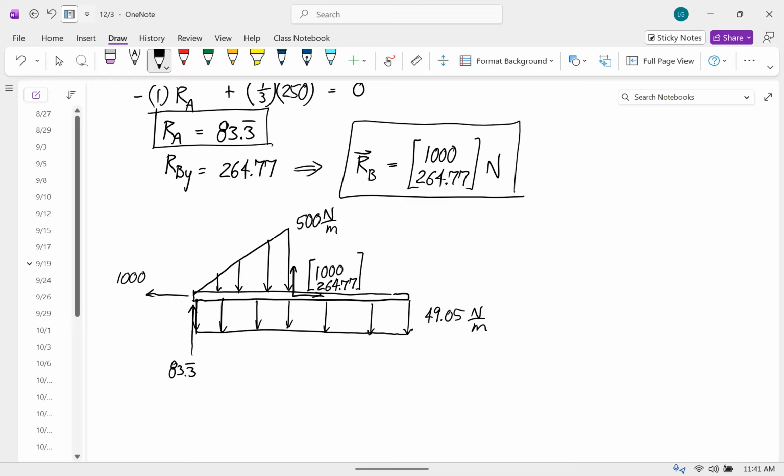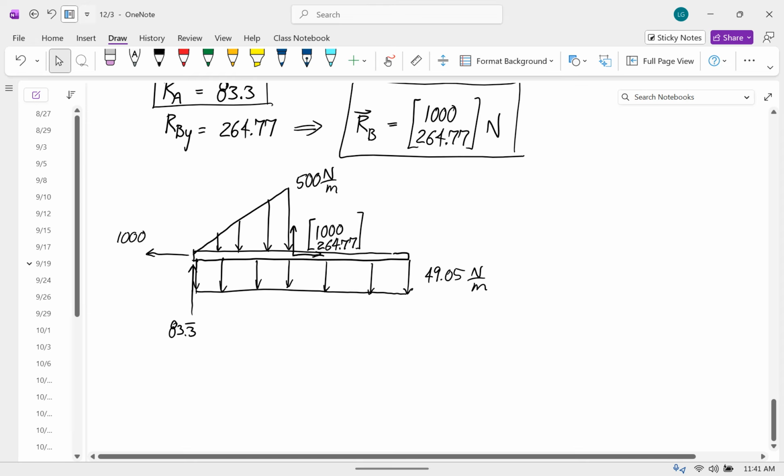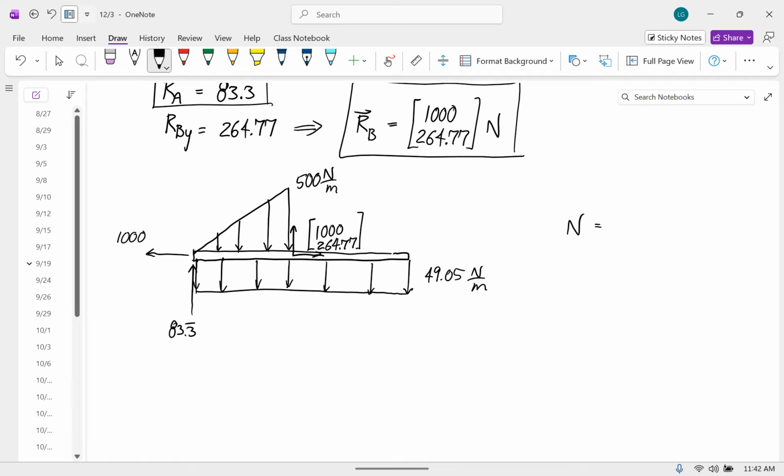Okay, so now how many cuts are we going to need for this? So if you think of the number of these sort of key points for determining the cuts, we know that there's the two endpoints, so we'll start with those. Now, are there any locations on here, any x values, where there are point forces or point couples or changes in the distributed load function?